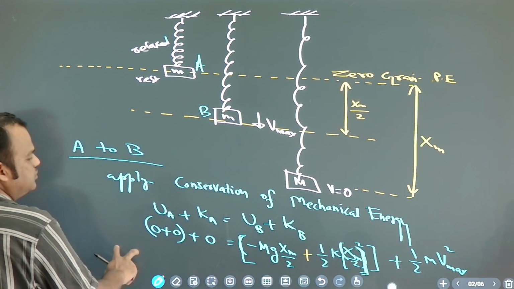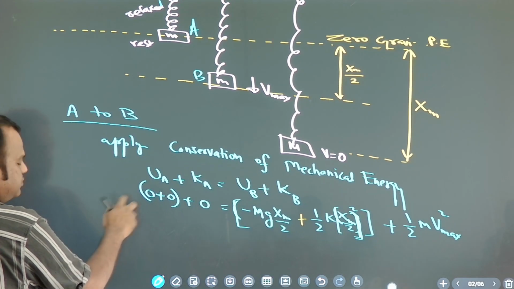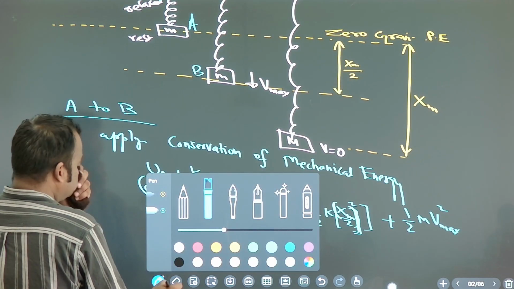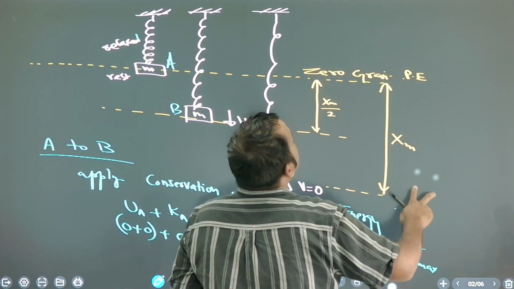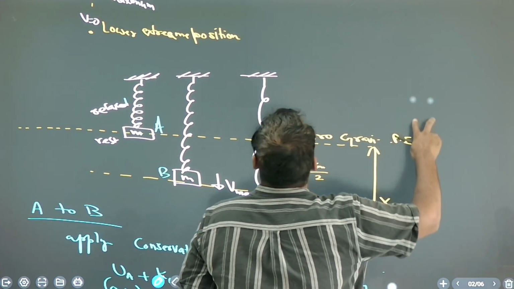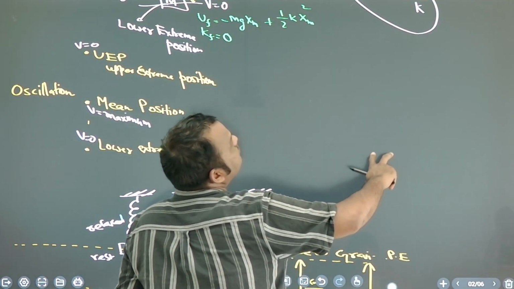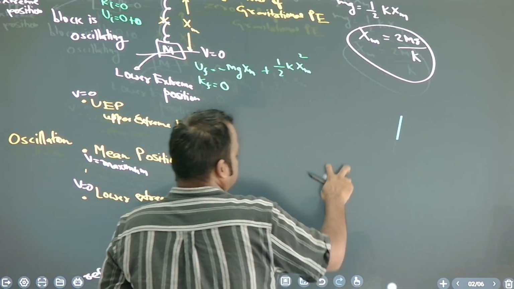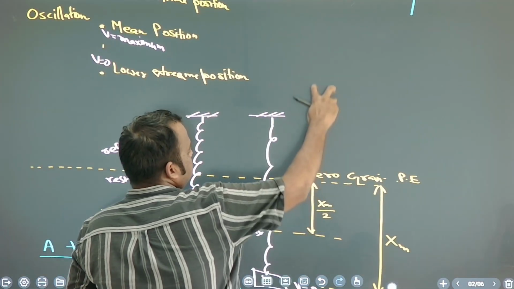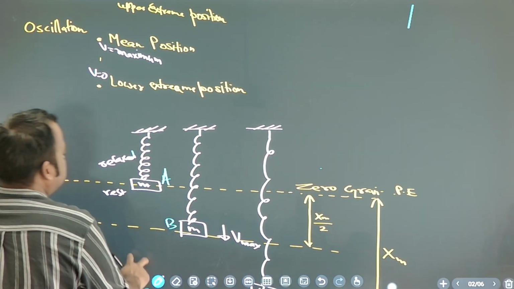Like this. Now simplify this. And X max value you know. X max is 2 mg by k. Okay. Substitute.